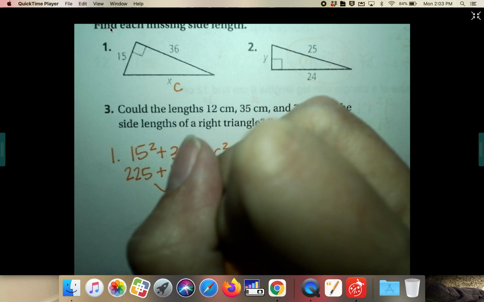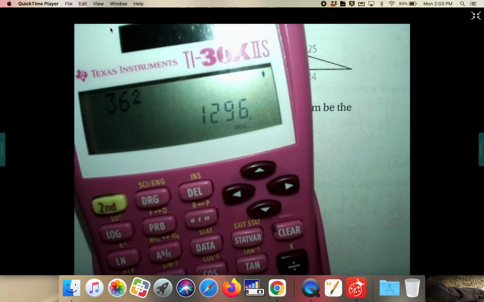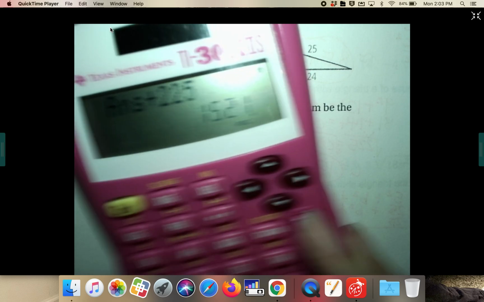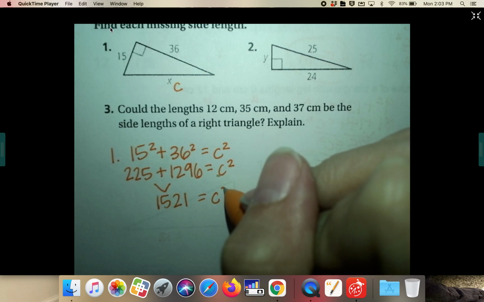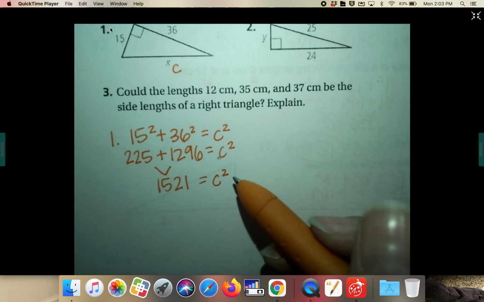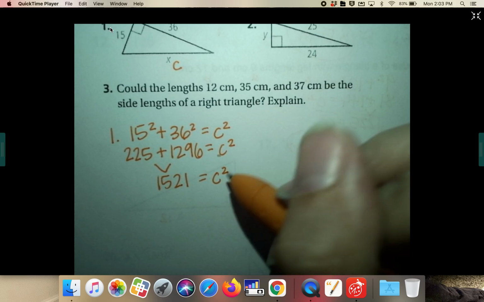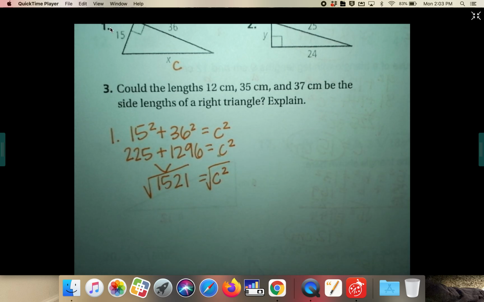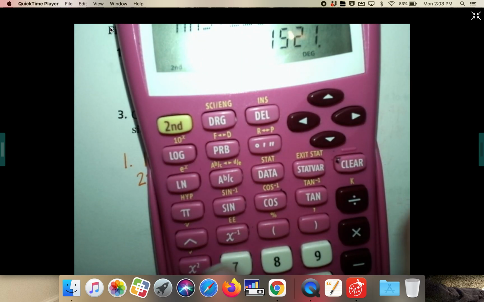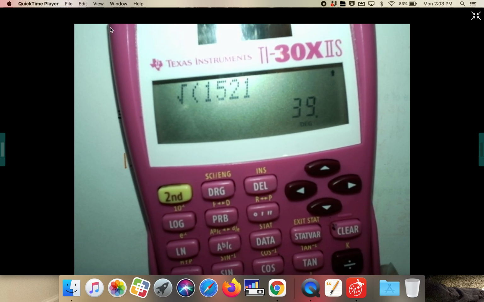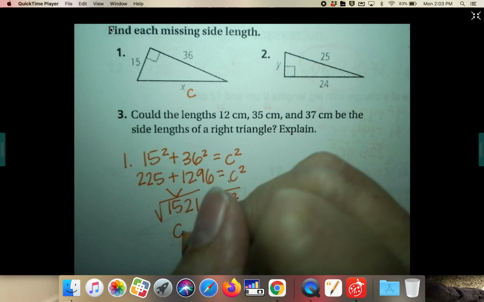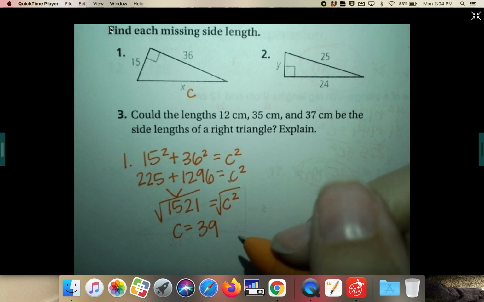And so when you add these two together, you should have gotten 1521, and that equals c squared. So in order to find out what just c by itself is, we need to square root both sides. So the square root of 1521 is 39 exactly. So c equals 39.